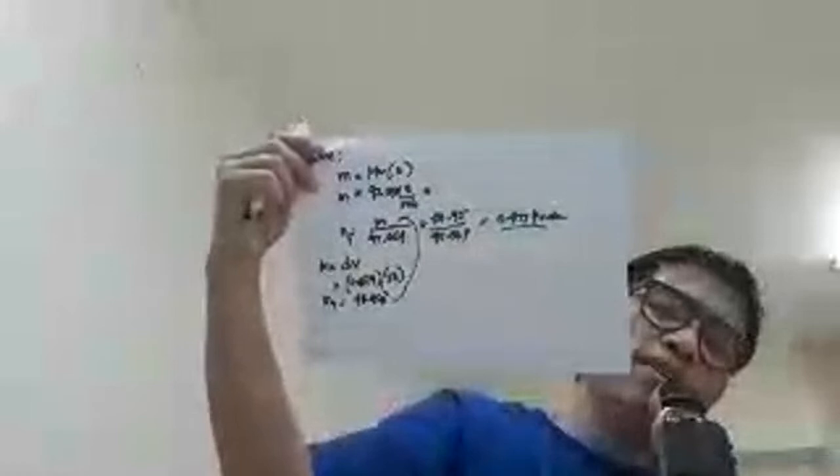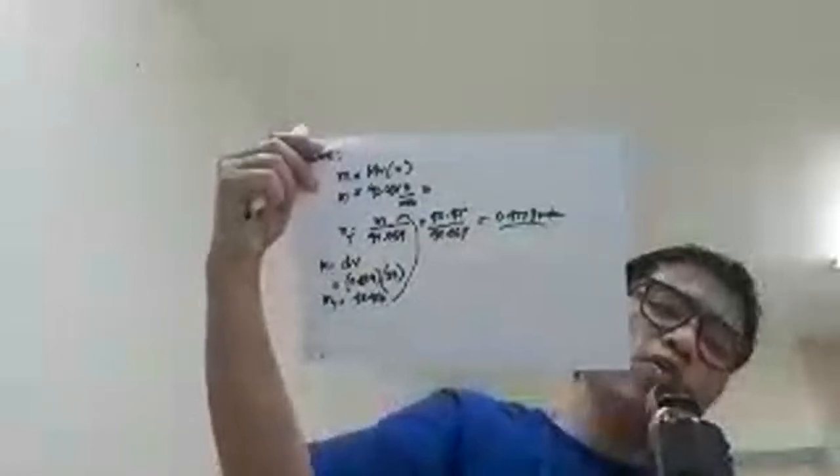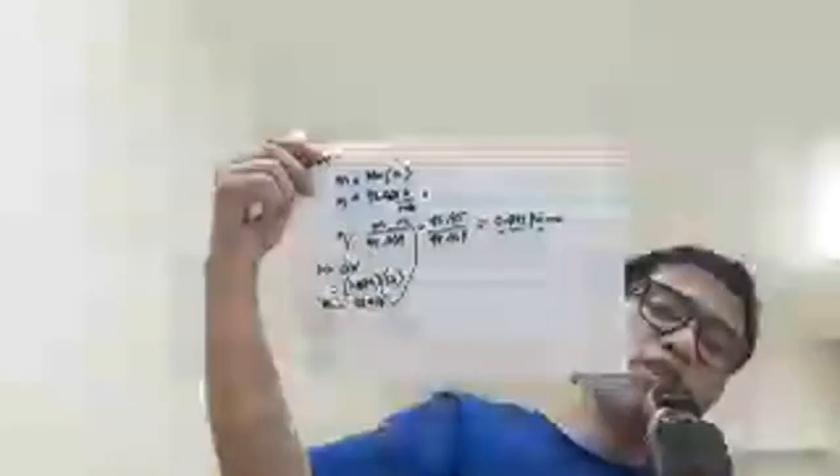And then the number of moles of toluene, we got that already, here. The number of moles of toluene is 0.477. So substitute that in the mole fraction formula also.